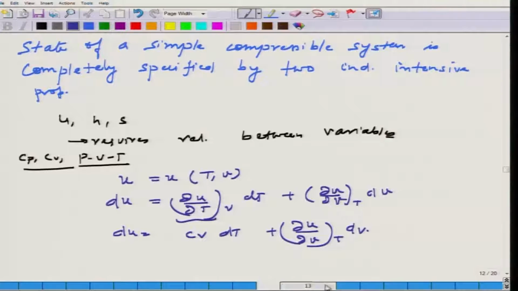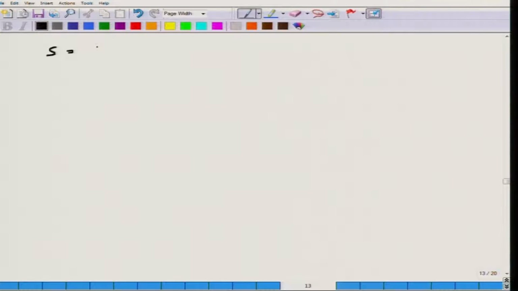Okay, so similarly I can also express entropy with two independent variables T, V as follows.